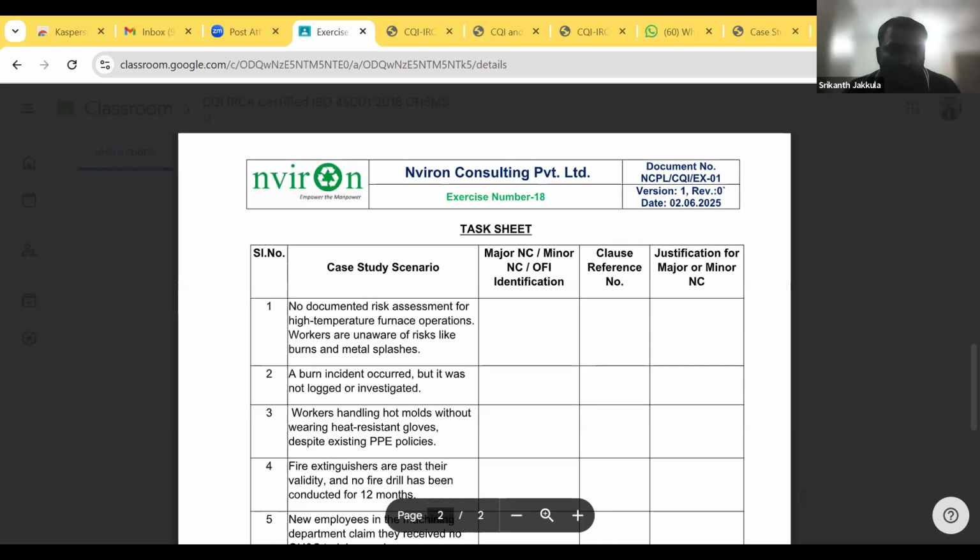So there is no risk assessment in high temperature furnace operations, correct, and workers are unaware of risk. So it is a major NC only, sir.